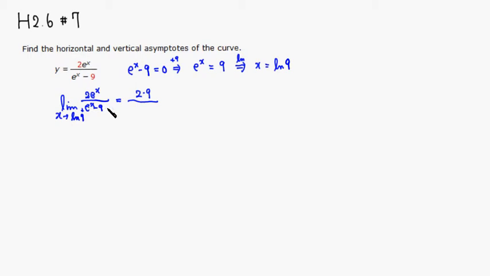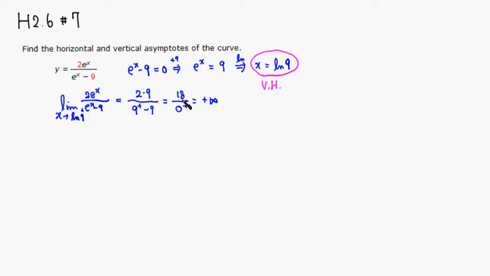Same thing, e to the natural log 9 is 9, but it's approaching from the positive side, minus 9, which will give us 18 over 0 from the positive side. So this is going to be positive infinity, right?